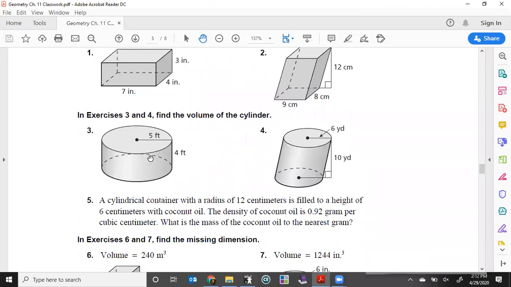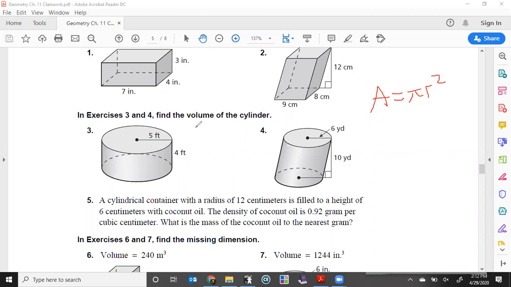Well, 3 and 4 are cylinders. Well, their base is a circle, right? Well, we did area of a circle recently. Area of a circle is pi r squared. Okay, so we're going to do area of the base times the height.